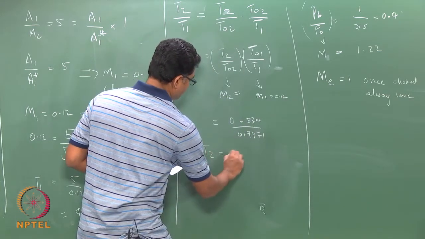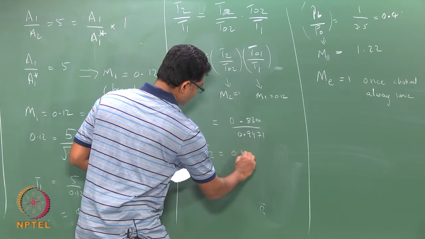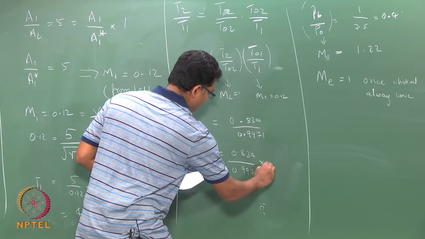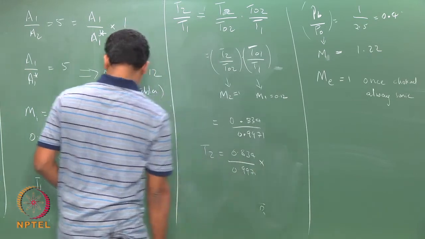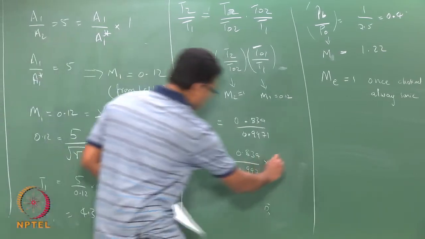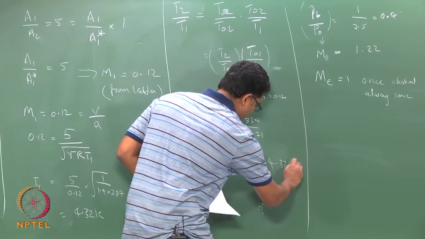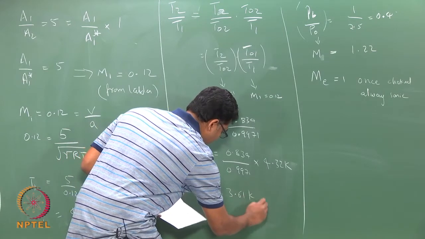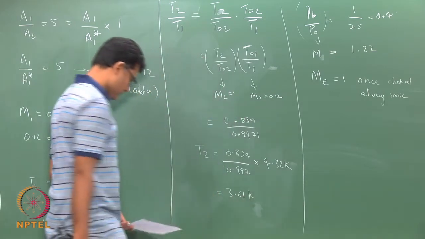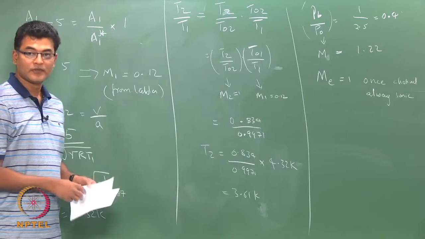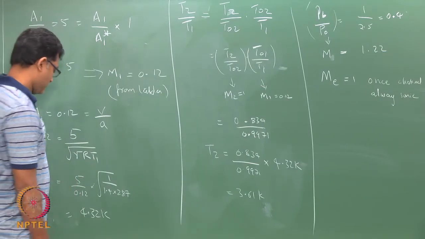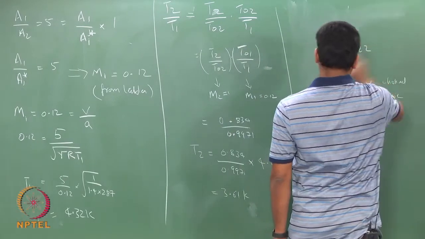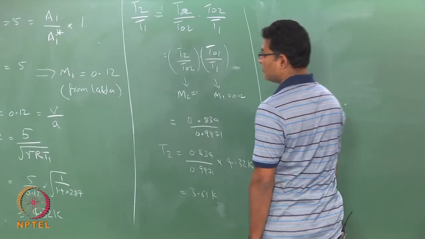And I get T2 as 0.834 by 0.9971 into T1, which we have just now found, 4.32 Kelvin. So, your T2 is 3.61 Kelvin. Okay. Now, we know the exit Mach number is 1, which means the nozzle is choked.